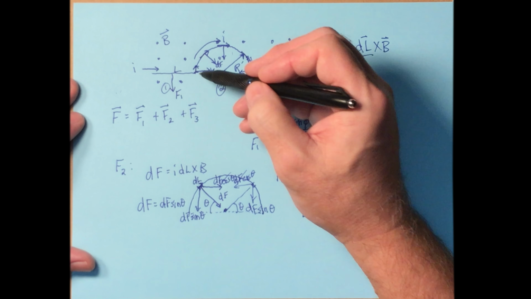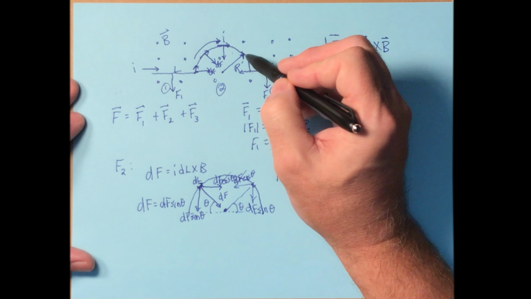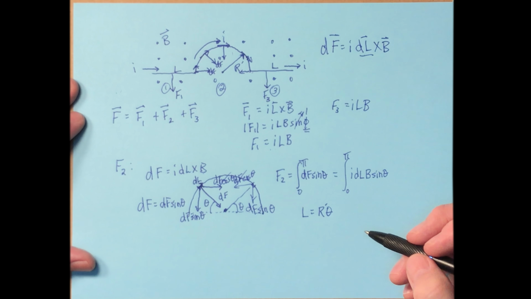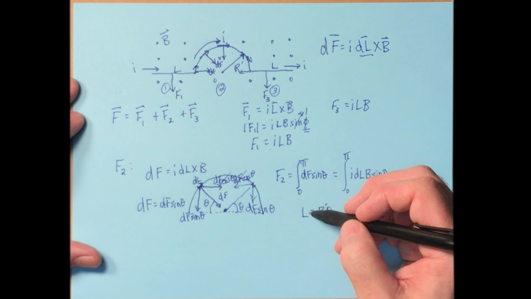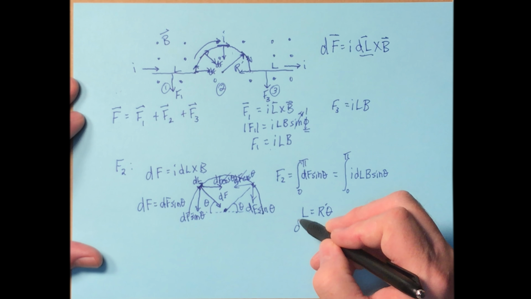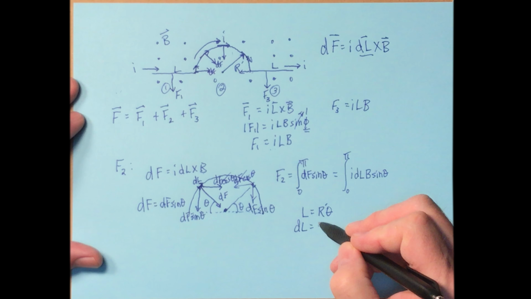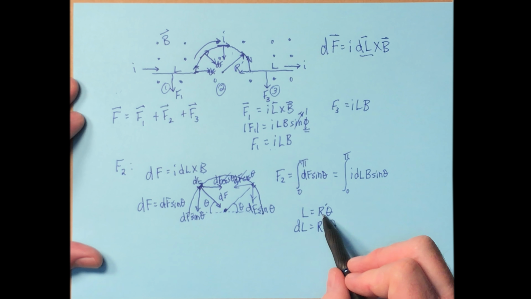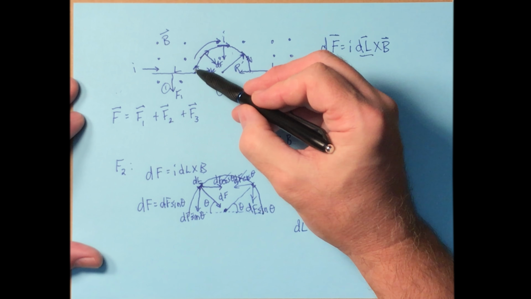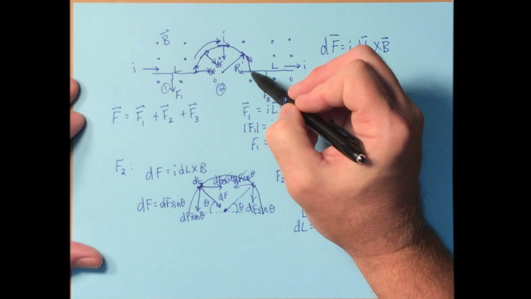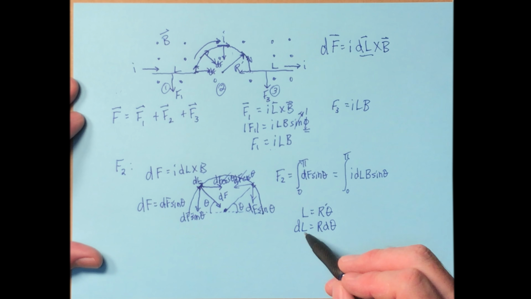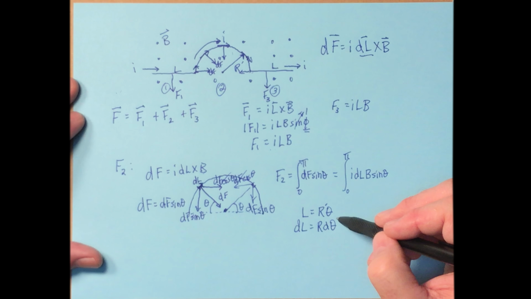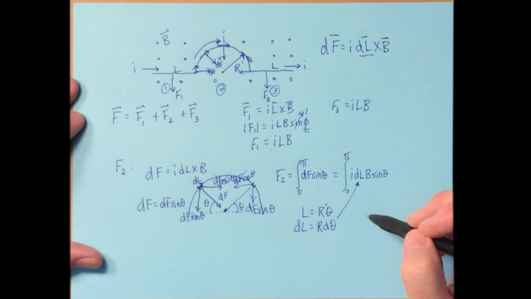And L is the total length here, not necessarily the same as these total lengths here, although it wouldn't hurt if it was. All right, well, then dL is equal to R d theta. That's true because R, in our case here, is a constant value for all angles between 0 and pi, so we can say this is the differential of dL. And I can substitute that in right there.